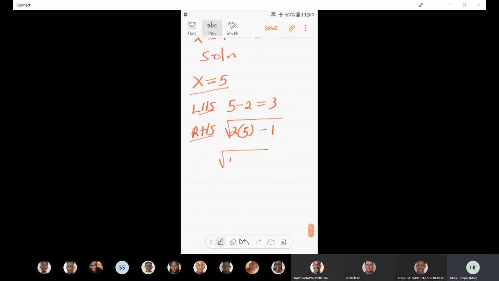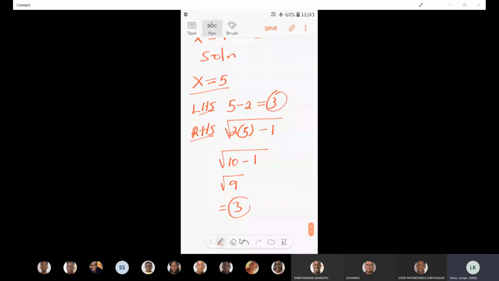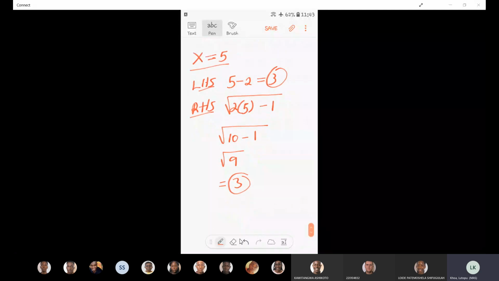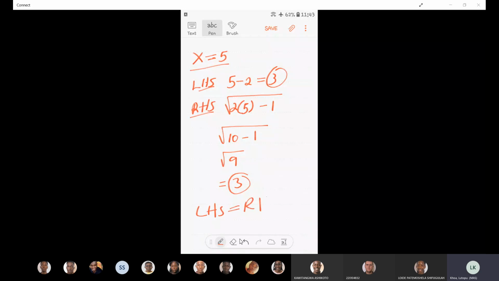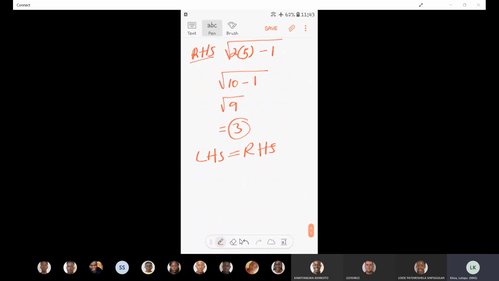So this is the square root of 10 minus 1, the square root of 9. This is equal to 3. So my left hand side is 3, my right hand side is 3. Therefore, since the left hand side is equal to the right hand side, x equal to 5 is valid, or it is a solution.